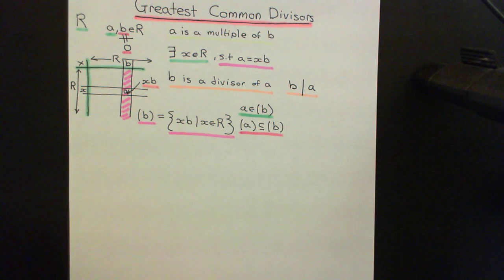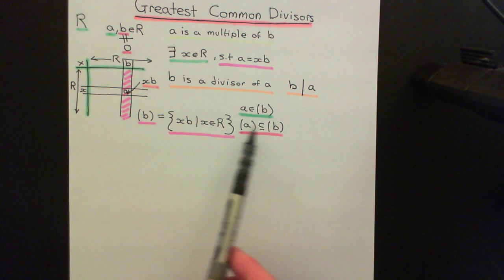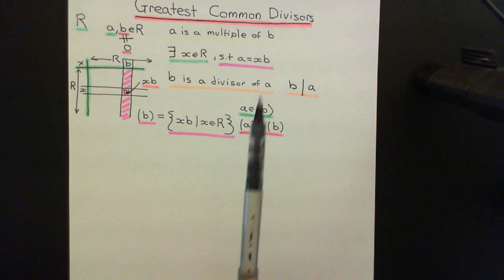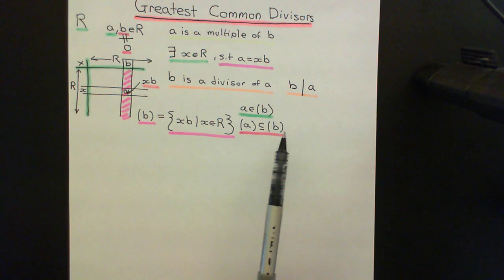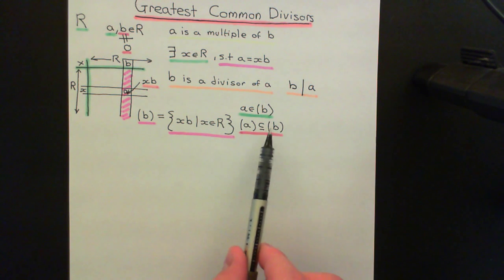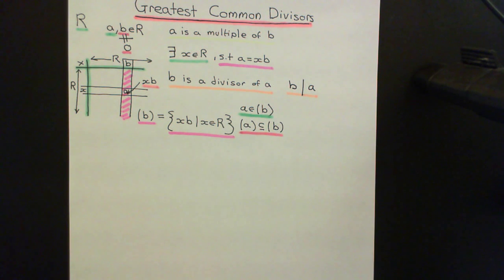So this is another way that you can state the condition for A to be a multiple of B. If A is a multiple of B, then the principal ideal generated by A must be contained in the principal ideal generated by B, and equivalently, if B is a divisor of A, then the principal ideal generated by A must be contained within the principal ideal generated by B.